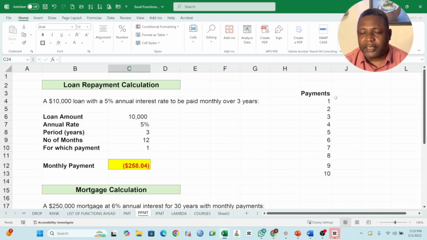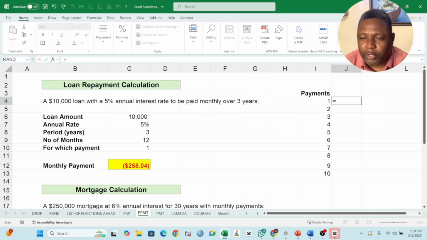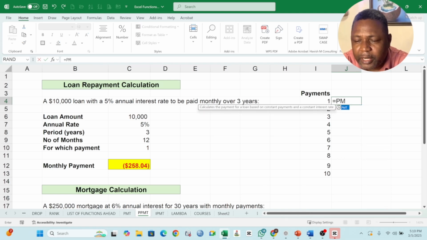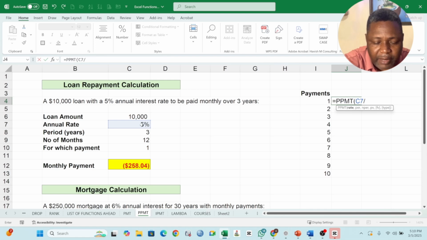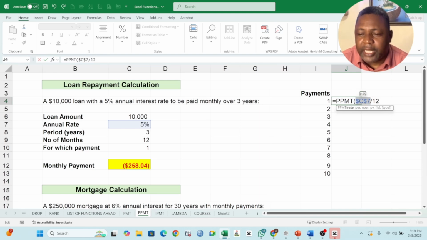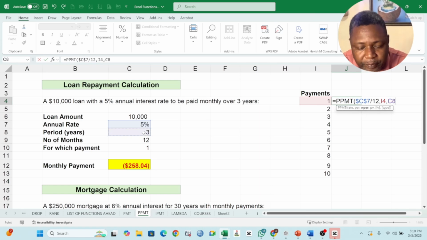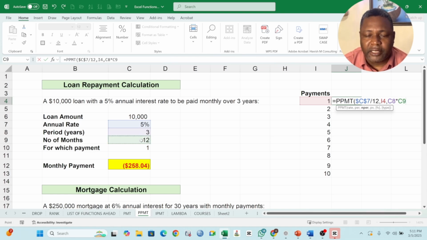Okay, so now let's say we want to calculate the PPMT. We pick our rate, divide by 12, and of course that value is going to be absolute. Don't forget, we are locking it down because we want to drag that function down. Then the period is this one. Then the number of payments is this 3 multiplied by this 12.